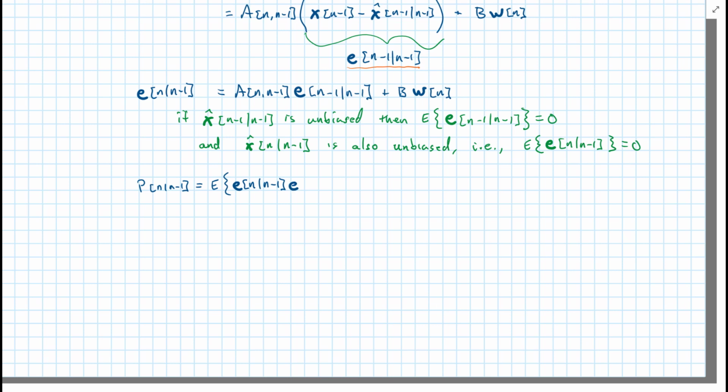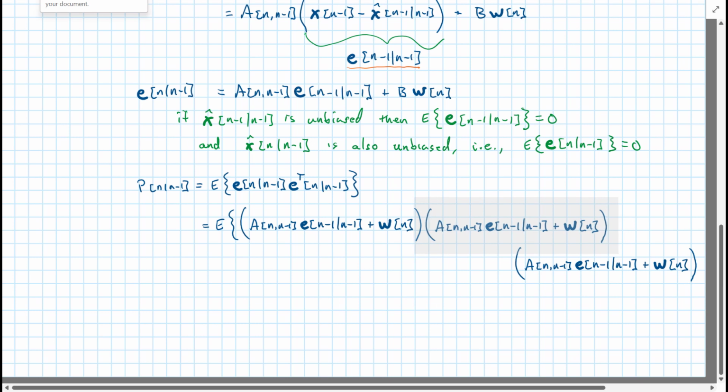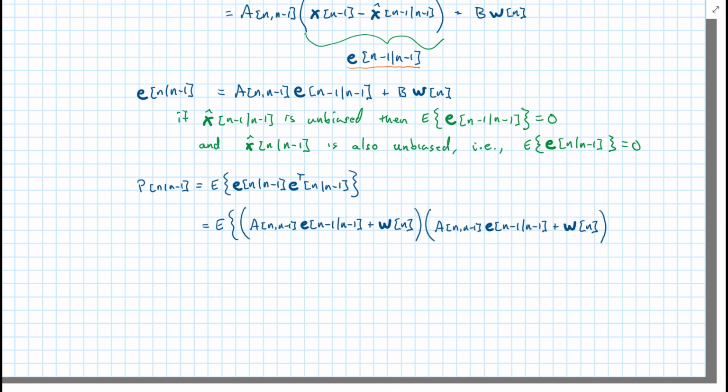It's an outer product, so we get the transpose on the second term, because these are column vectors, like so. And we have an expression for this, so we can write it all out, and we transpose on that side, and we're done.